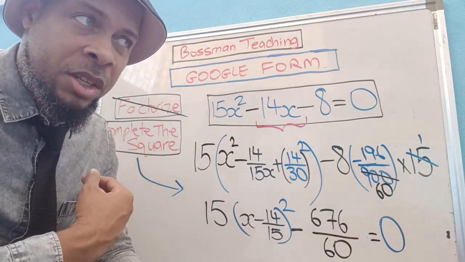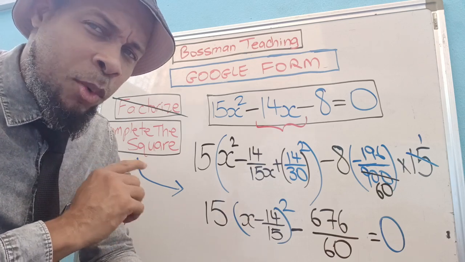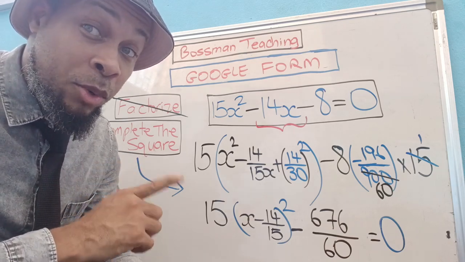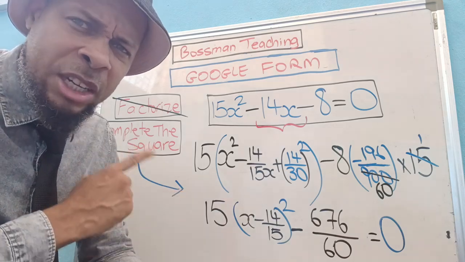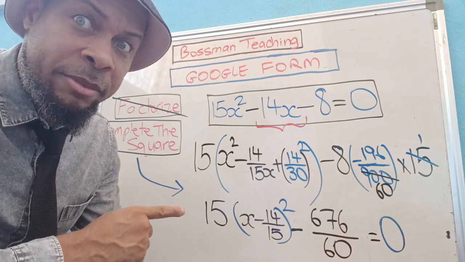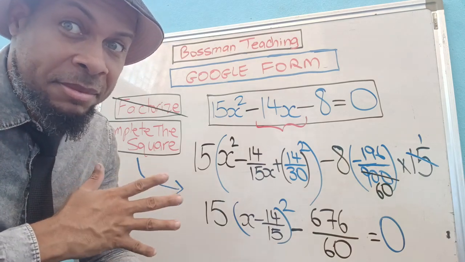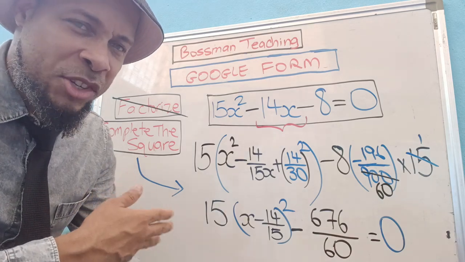So 676, I don't remember off the top of my head what that is, but I do know that if you square 25 you get 625. So I'm sure that shortly after that you should get 676. So that might be the square of 26. I'm sure that's a good educated guess.